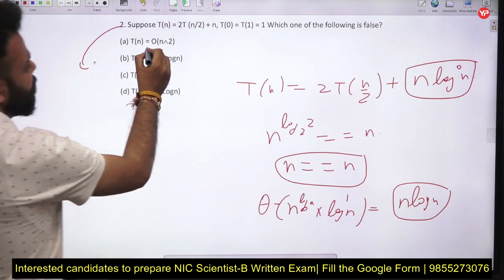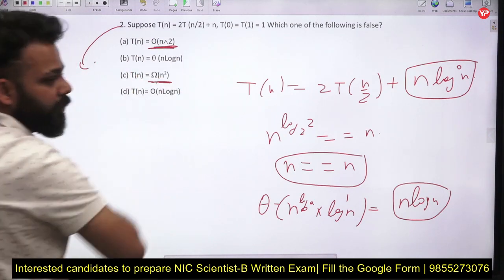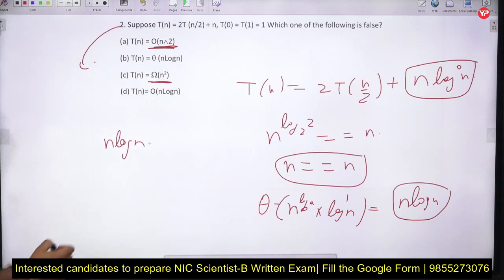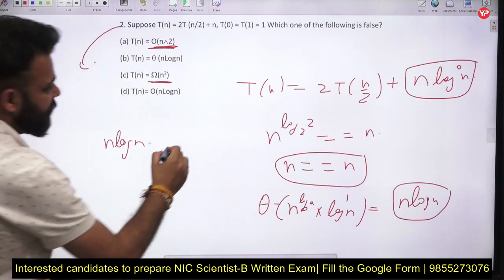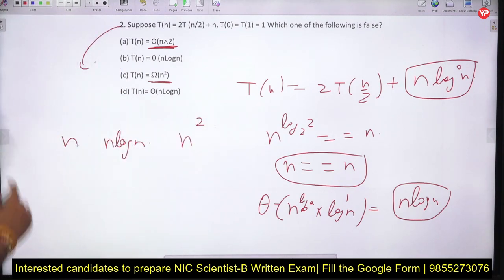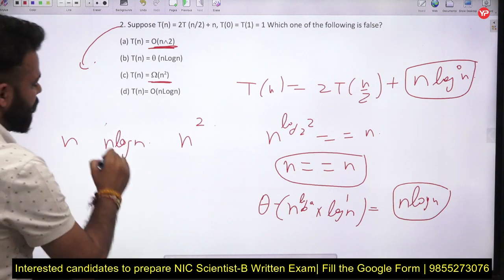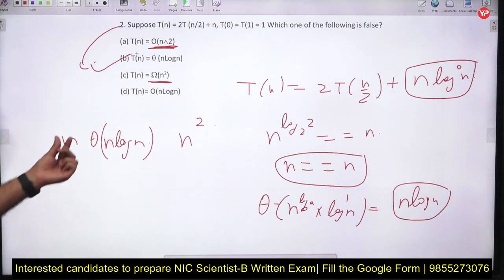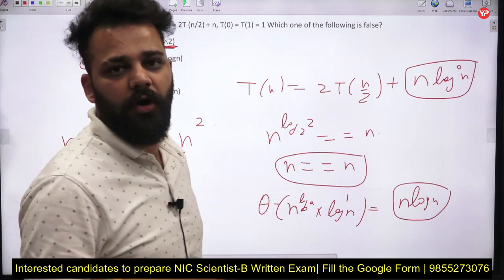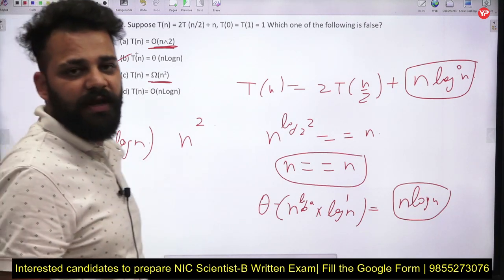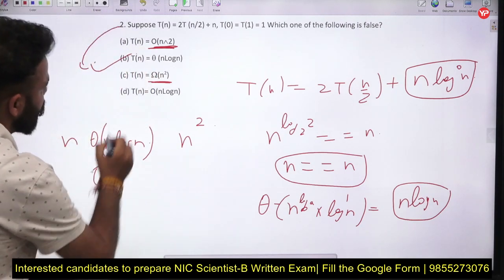Now if you understand how the big O and small o work, here n log n is the time complexity of this function. Here we have n square, and here we have some power which is less than n log n. Now theta of n log n is true, because it is the time complexity. Now if n log n is the time complexity, big O of n log n will also be true, because big O will always give you the bigger bound. So this is also correct.